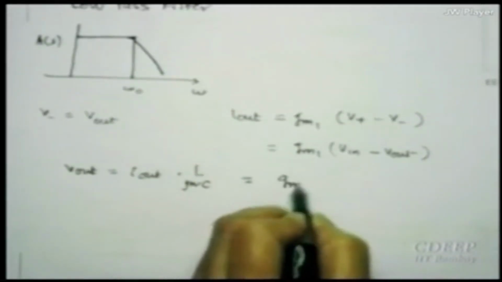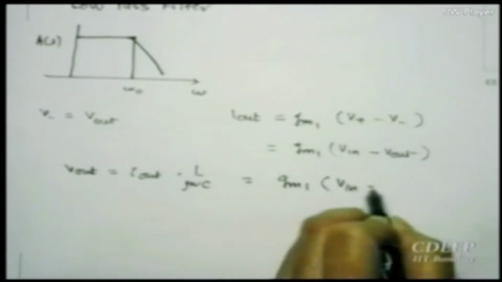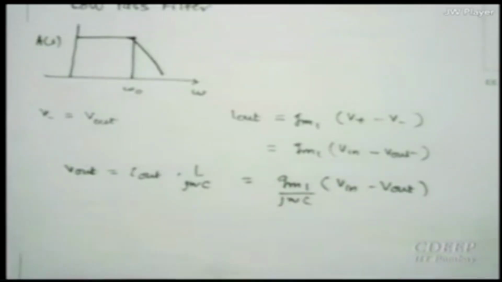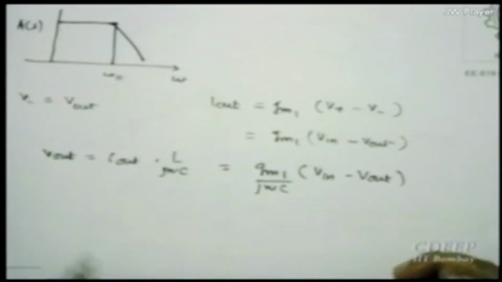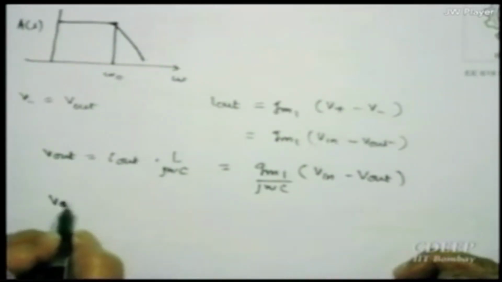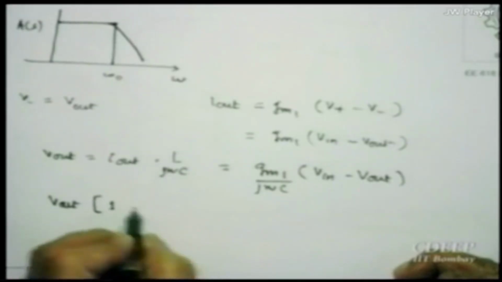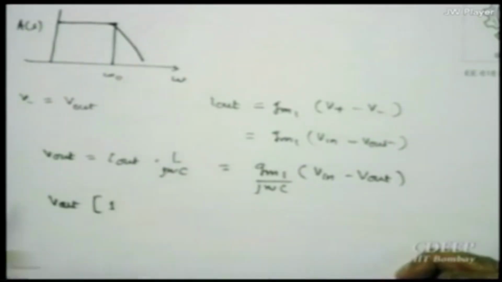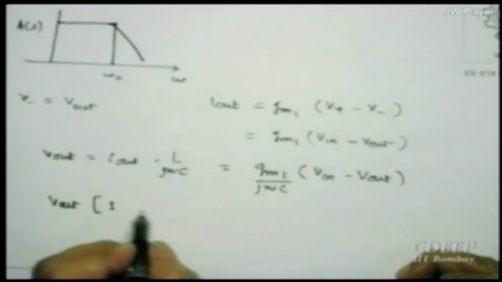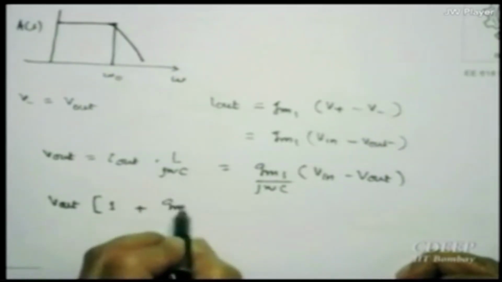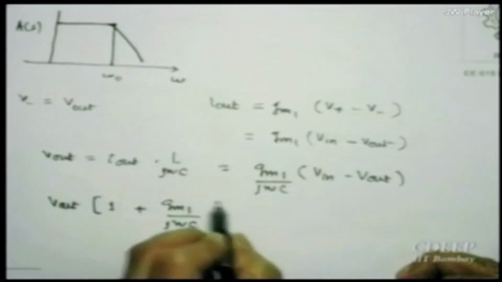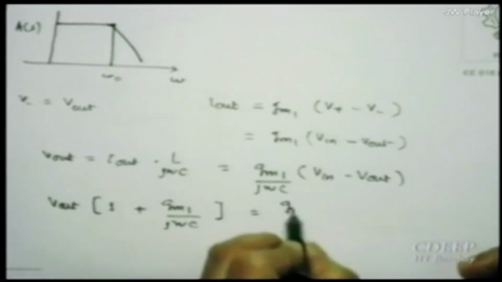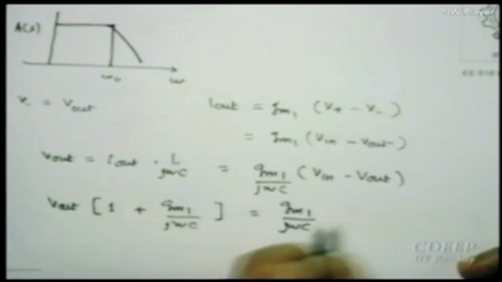So if I write this I out here, I get GM1 times V in minus V out, by j omega c, is V out. Collect the terms for V out, so I get V out times 1 plus GM1 by j omega c is equal to GM1 upon j omega c into Vn.